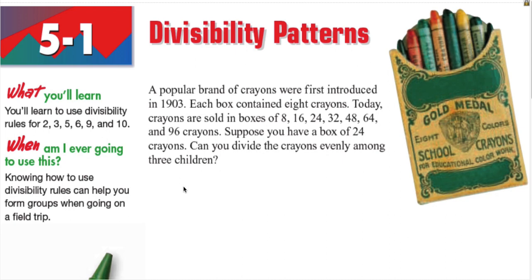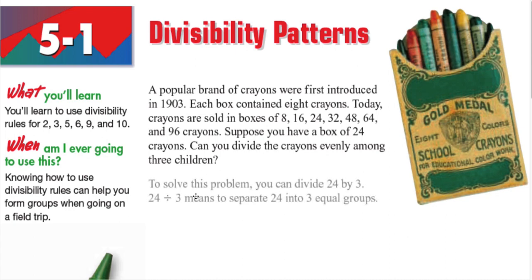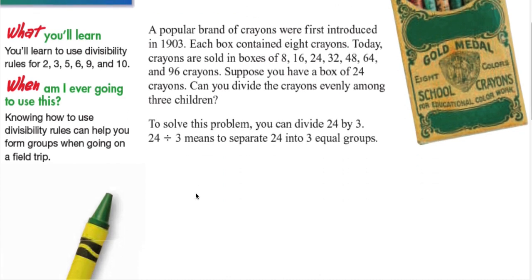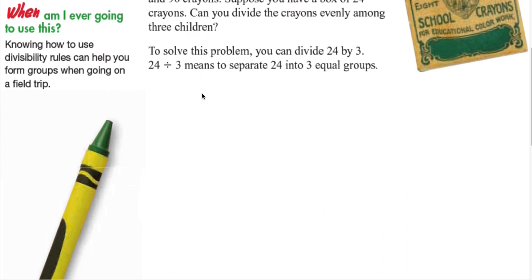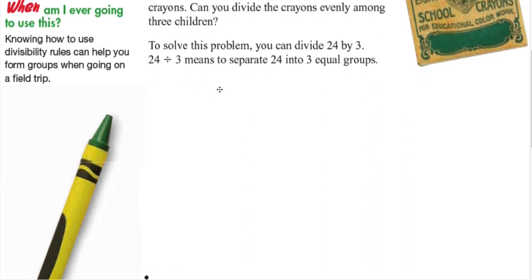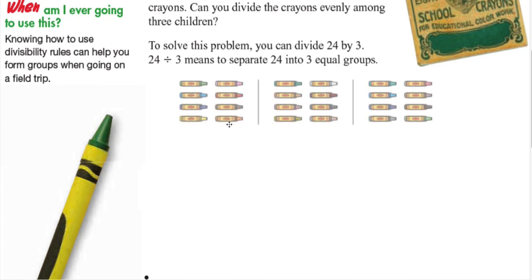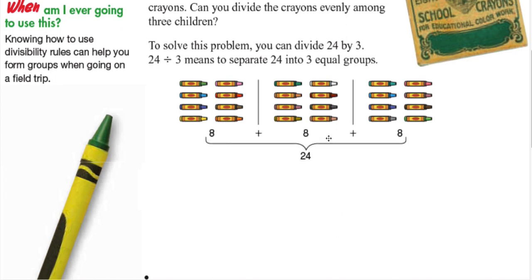To solve this problem, you can divide 24 by 3. So 24 divided by 3 means to separate 24 into 3 equal groups. So you have 8 plus 8 plus 8.